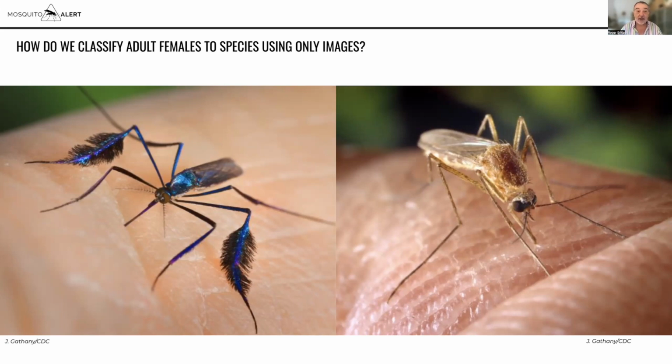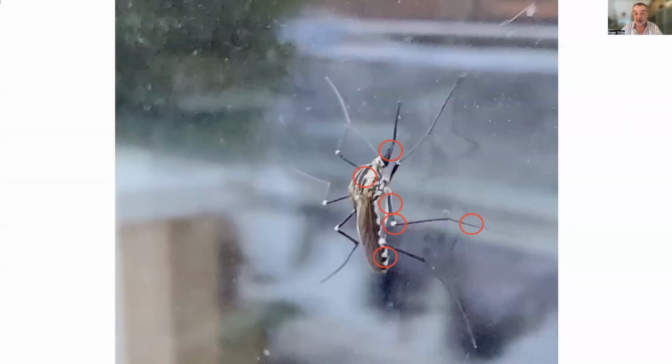What are we looking at as experts when we only get a picture of a mosquito? Well, there are some macroscopic features that we don't need a microscope or a loupe to check, which are mostly the length and the color of maxillary palps, the aspect of the scutum, which is the dorsal part of the thorax, and knees in any of the legs.